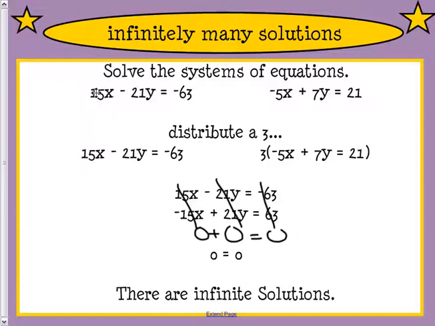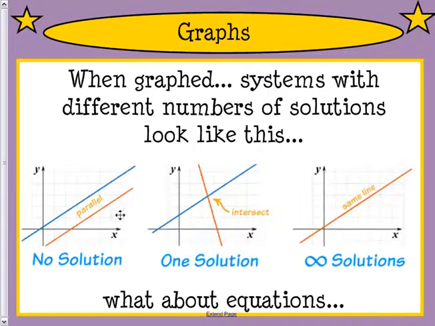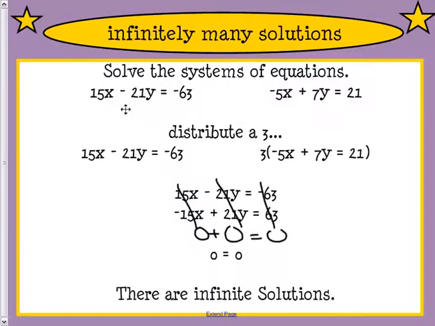If I plug any number in for x into both of them, it's going to give me the same y. If I plug any number in for x again, a different one, it's still going to give me the same y in both equations, meaning that they are the exact same line. Okay, so let's explore that a little bit more.